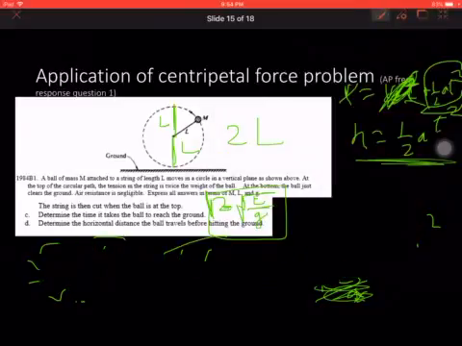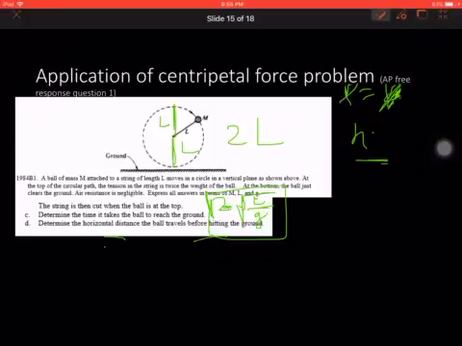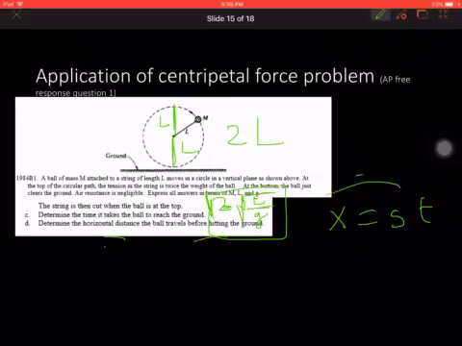So part D. Determine the horizontal distance the ball travels before hitting the ground. How much distance does it travel before it hits the ground? So we know now the kinematics equation: the distance that it travels is the speed times the time. We know the time, and we knew the speed from before.